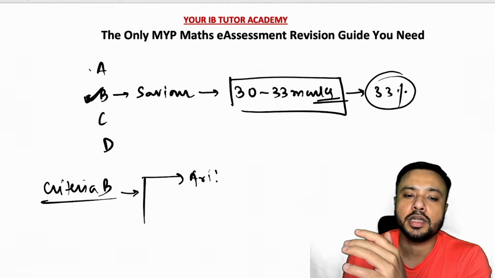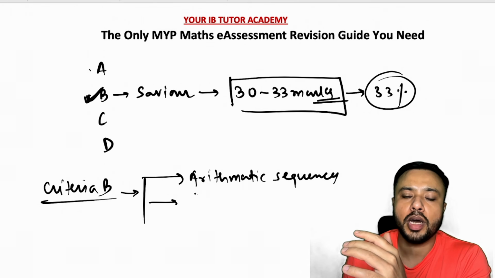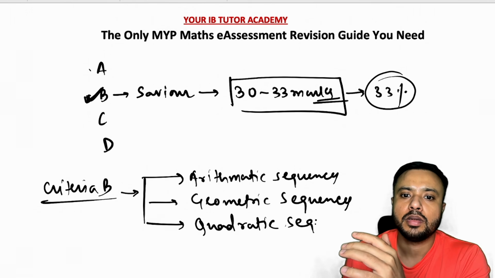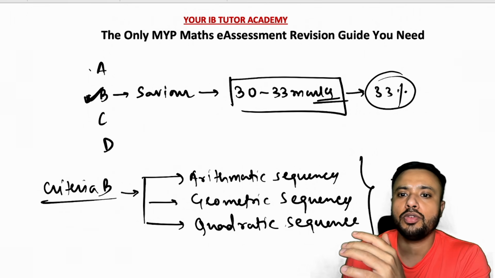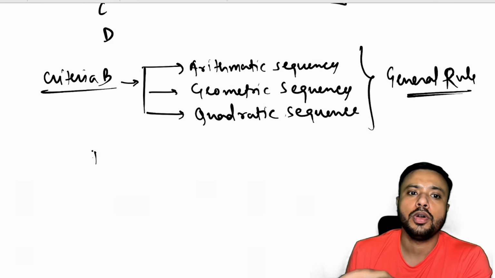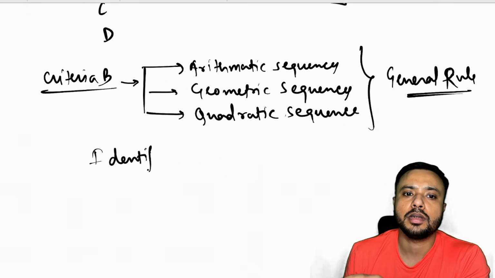One is arithmetic sequences, then geometric sequences, and then quadratic sequences. You must know how to find the general rule of all three sequences. First of all, it is very important to identify the sequence.